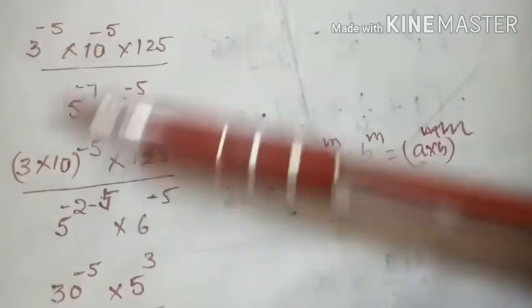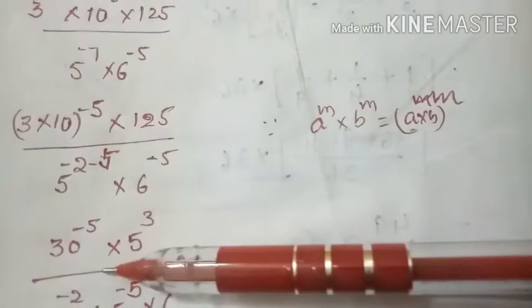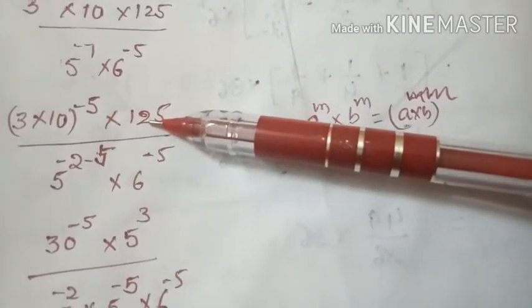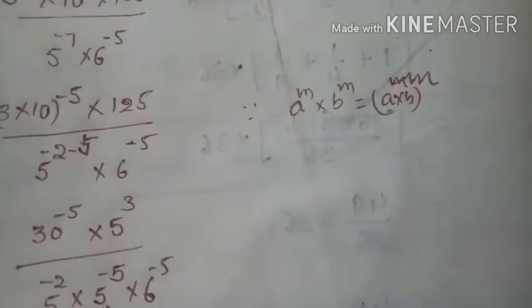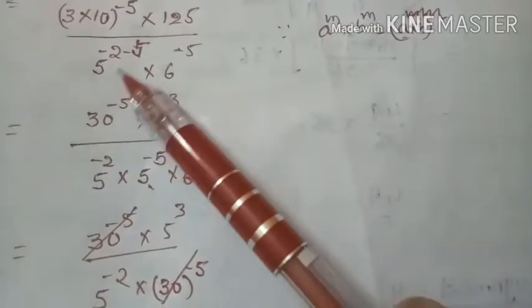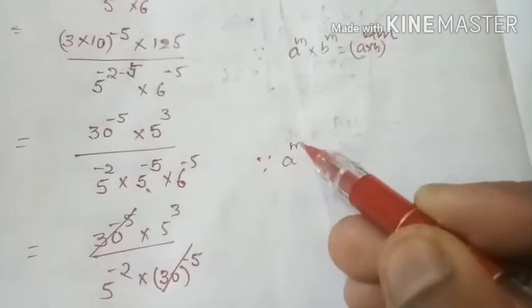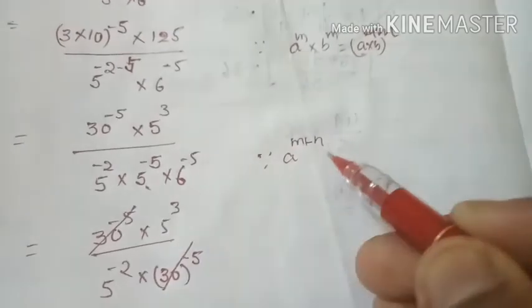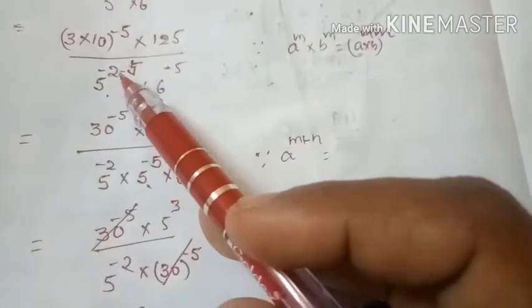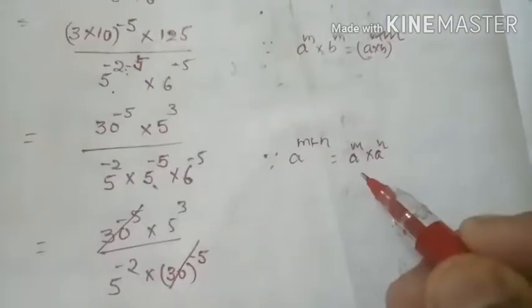Now 3 10s are 30 whole to the power of minus 5 into, shall I write 125 as 5 cube? Yes. 5 cube by 5 power of, now we have a power of m plus n, that is equal to a power of m into a power of n.